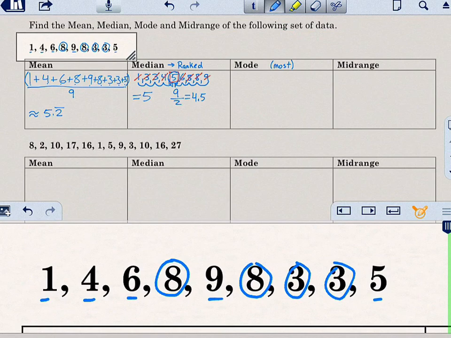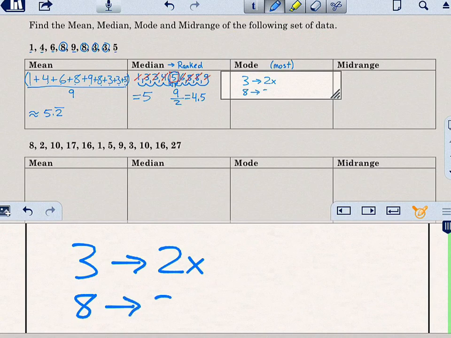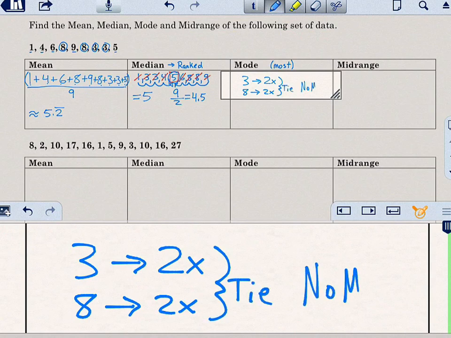So if we had a frequency distribution, this would be a lot easier to see. But when we look at this, the number 3 occurs 2 times, and the number 8 occurs 2 times. Now, when there's a tie like this, we actually say that there is no mode. Okay, so when we mean most, we mean most. And so because there's a tie, we have no mode.